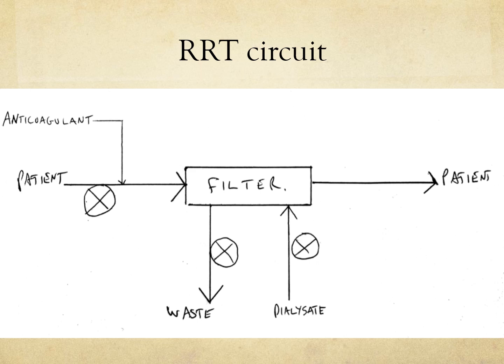Adding in some more things to the circuit, there is an anticoagulant added pre-filter. Now this may be heparin, this may be citrate, and there are a few others less commonly used. And depending on the type of renal replacement you're using, there may be dialysate pumped in a countercurrent direction under pressure, for example in hemodiafiltration.